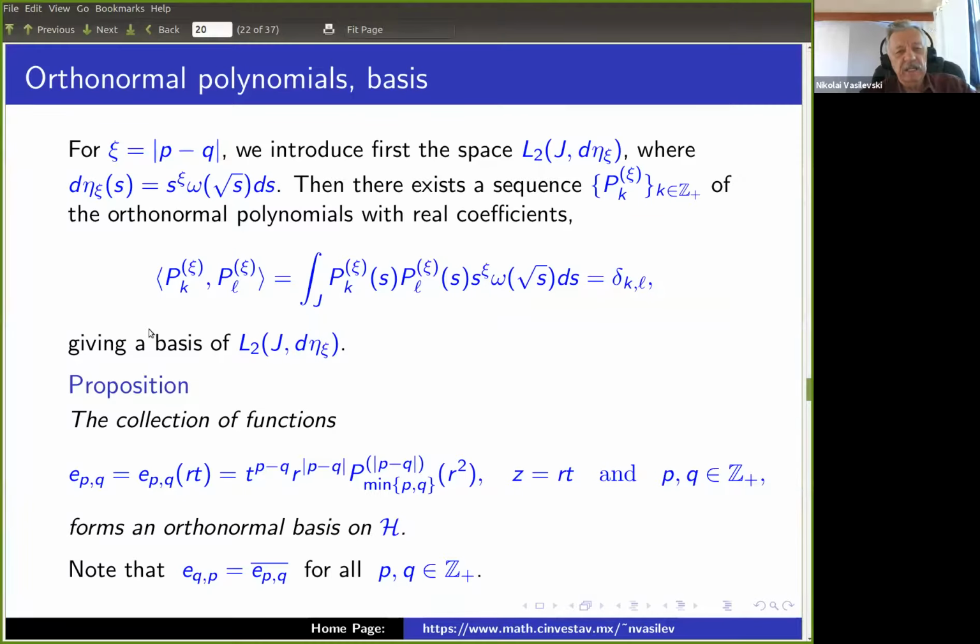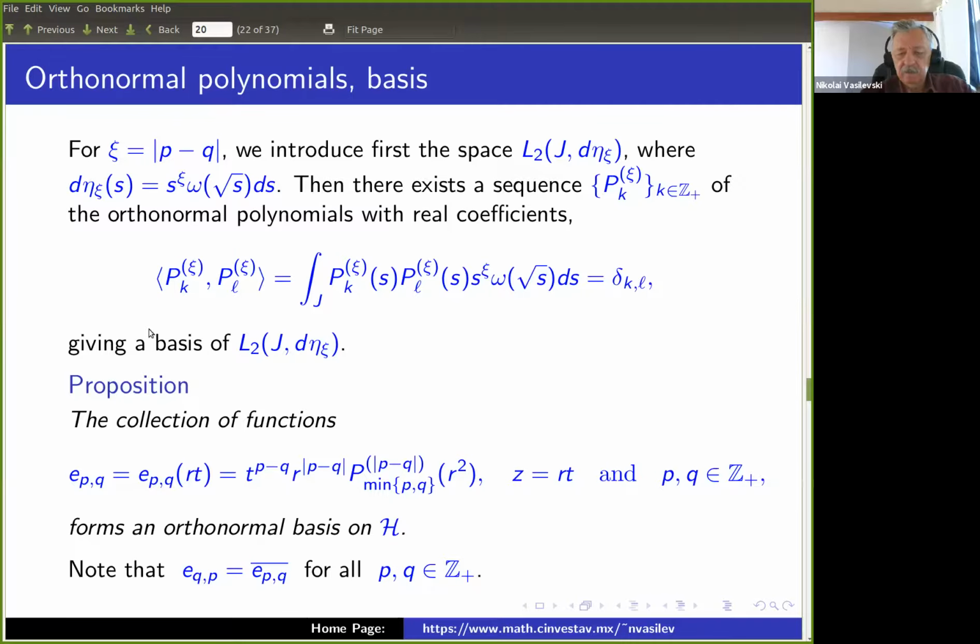In the classical case of the unit disk with the non-normalized standard measure, these orthonormal polynomials P are nothing but shifted Jacobi polynomials. In the case of the standard Gaussian measure in the space C, these polynomials are nothing but the classical Laguerre polynomials. But for different weights, we need to construct orthogonal polynomials by hand.